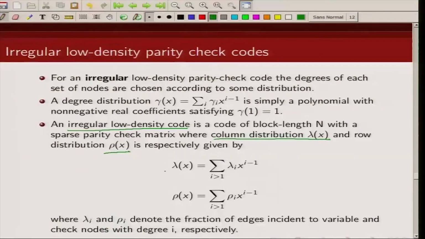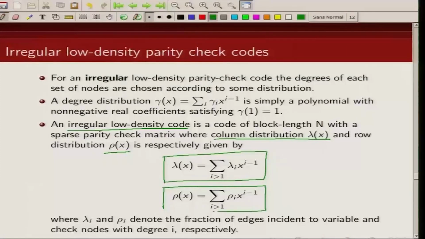So, this is my column degree distribution, this is my row degree distribution, where lambda i is the fraction of edges incident on the variable node which has degree i, and rho i is the fraction of edges incident to the check node with degree i.